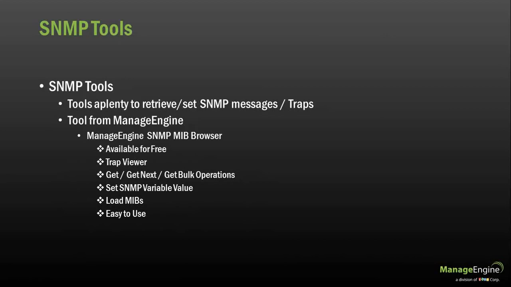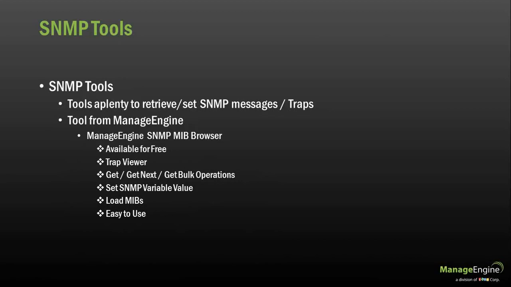You can do get next, get bulk operations. You can set SNMP variable value. You can load MIBs. When you do so, if there are errors while loading the MIB, the error is displayed, and you need some expertise to rectify those errors. And most importantly, it is easy to use.